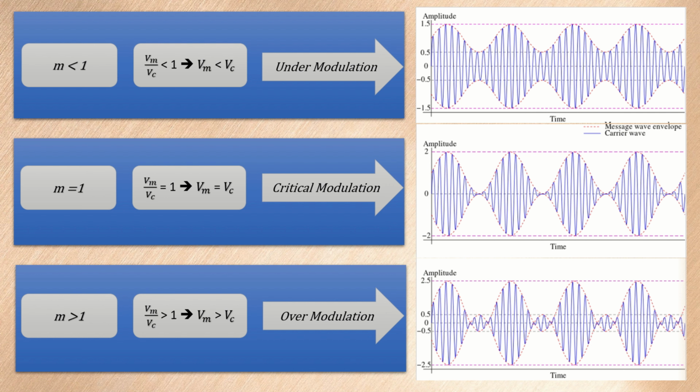Now let us move back to MATLAB code and let us change the amplitude for message signal and carrier signal and see how modulation occurs under modulation, critical modulation, and over modulation.